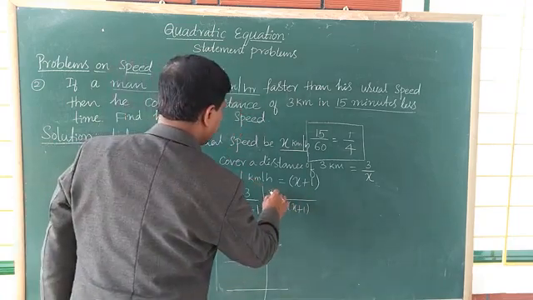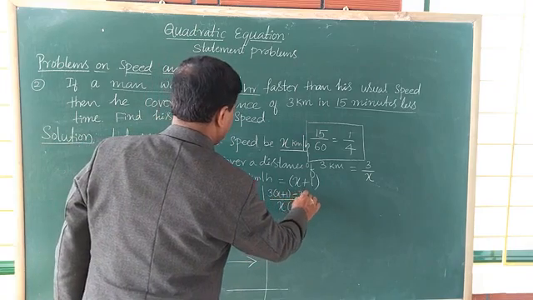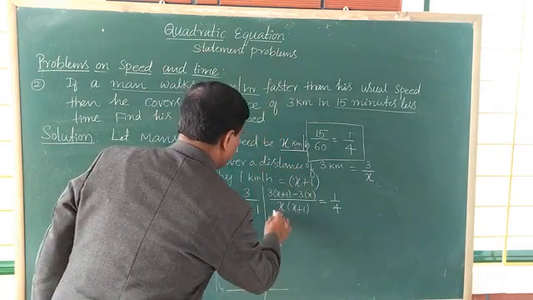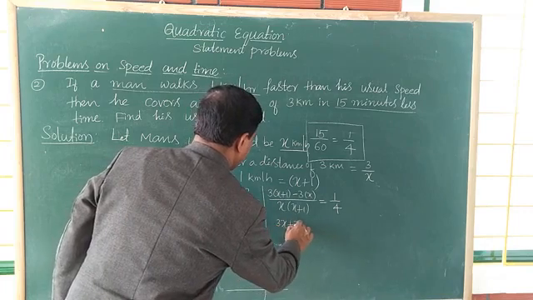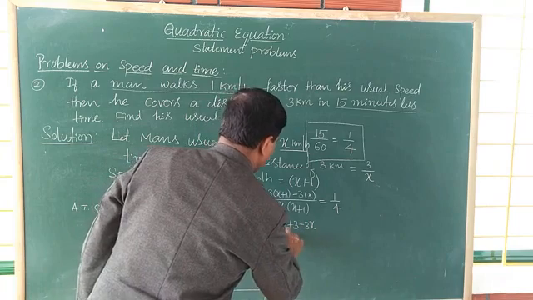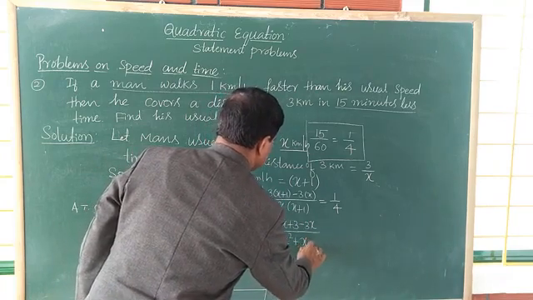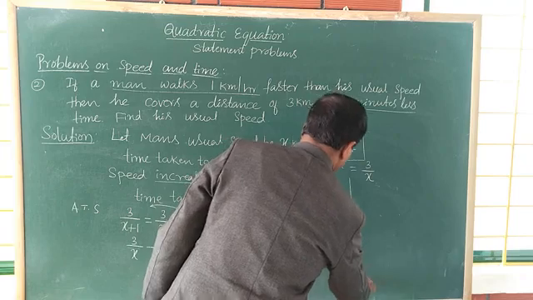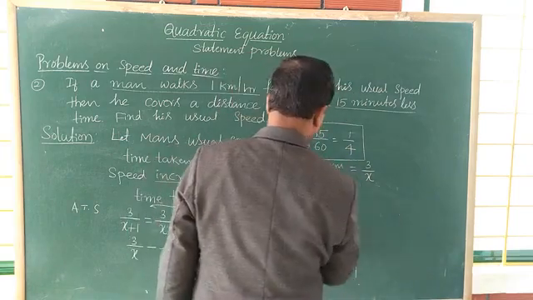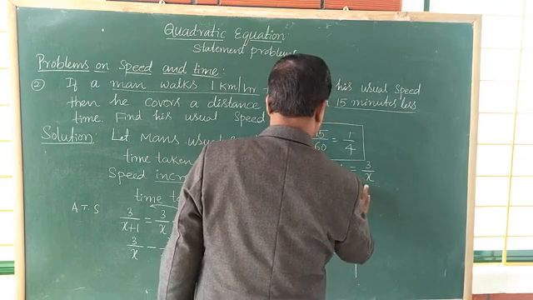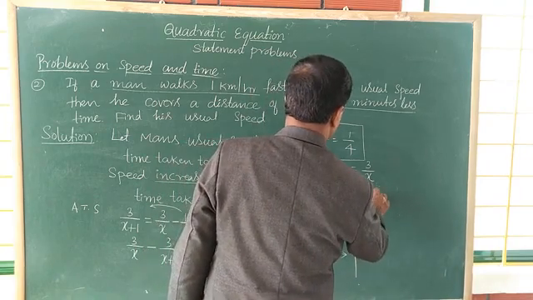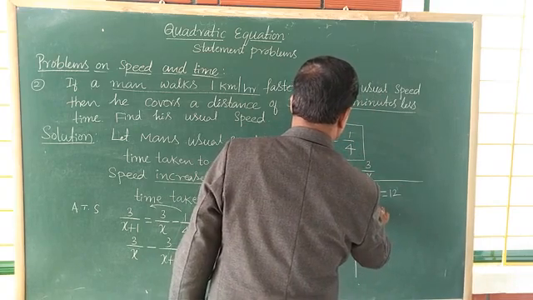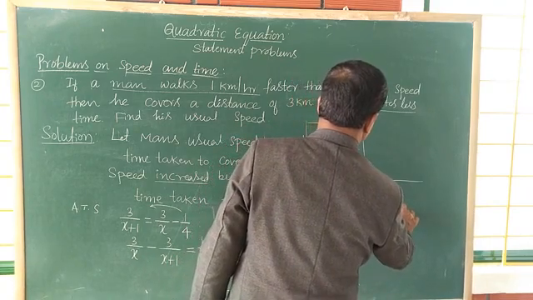So cross multiplication, 3 into x plus 1 minus 3 into x is equal to 1 by 4. Now 3x plus 3 minus 3x by x squared plus x is equal to 1 by 4. Here 3x gets cancelled. Now continuation of this cross multiplication, 3 fours are 12, and x squared plus x is equal to 12, or x squared plus x minus 12 is equal to 0.